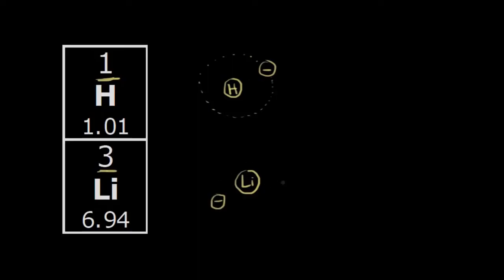So let me go ahead and show 2 of lithium's electrons in the inner shell. So that would be in the first energy level. And then we need to account for 1 more. So lithium's third electron is in the second energy level, or the outer shell in this example. And so here we have our 2 atoms.